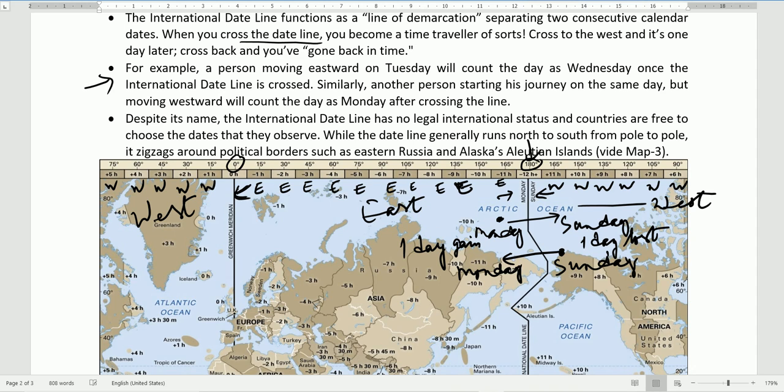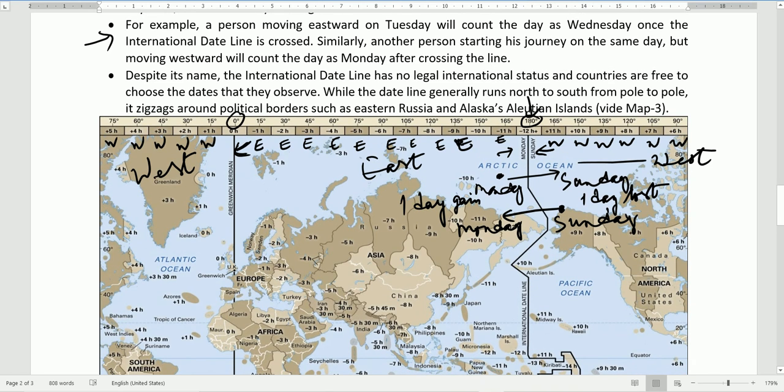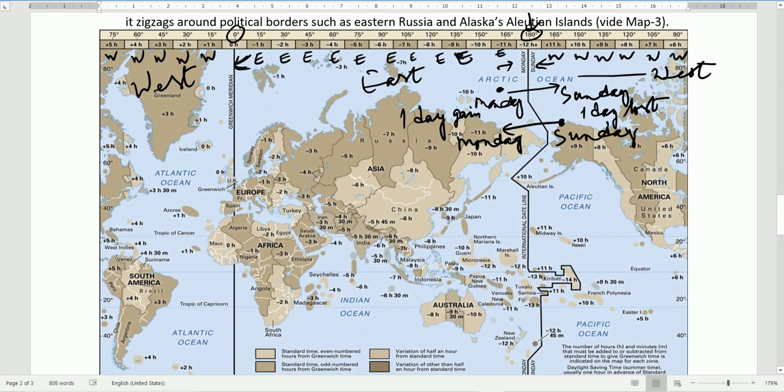Another example is here. A person moving eastward on Tuesday will count the day as Wednesday once the international dateline is crossed. Similarly, another person starting his journey on the same day but moving westward will count the day as Monday after crossing the line. So this is the international dateline, west here and east here.